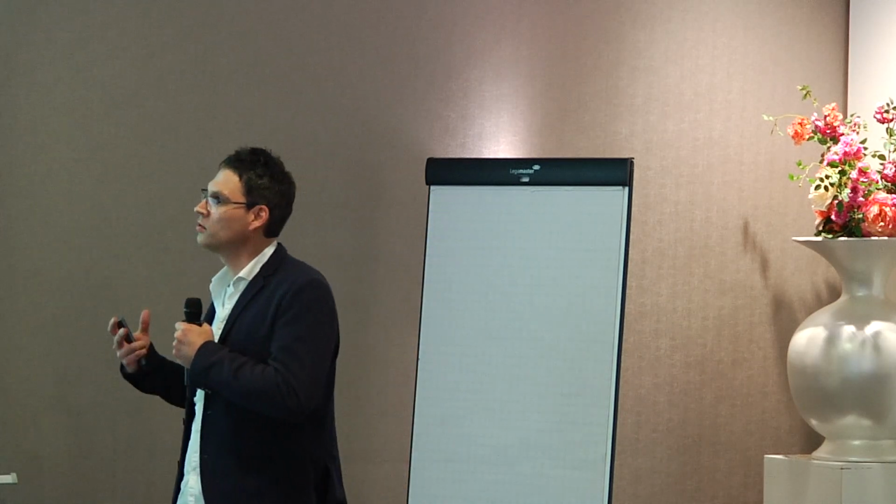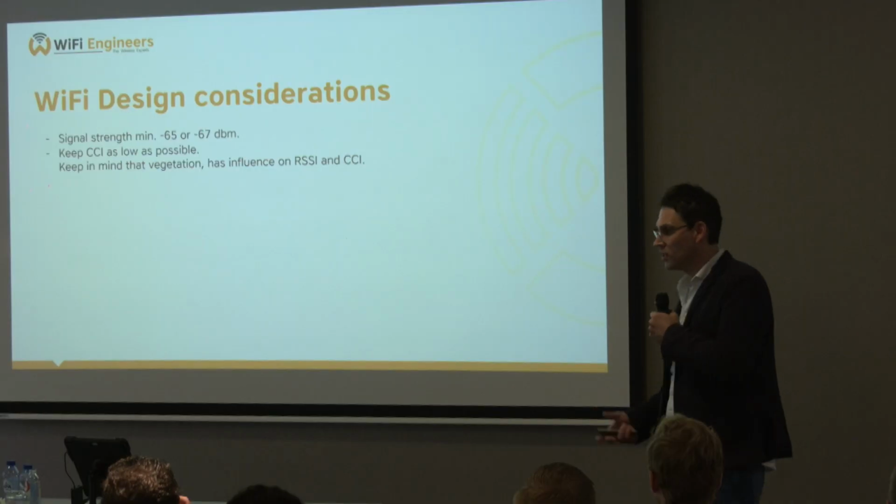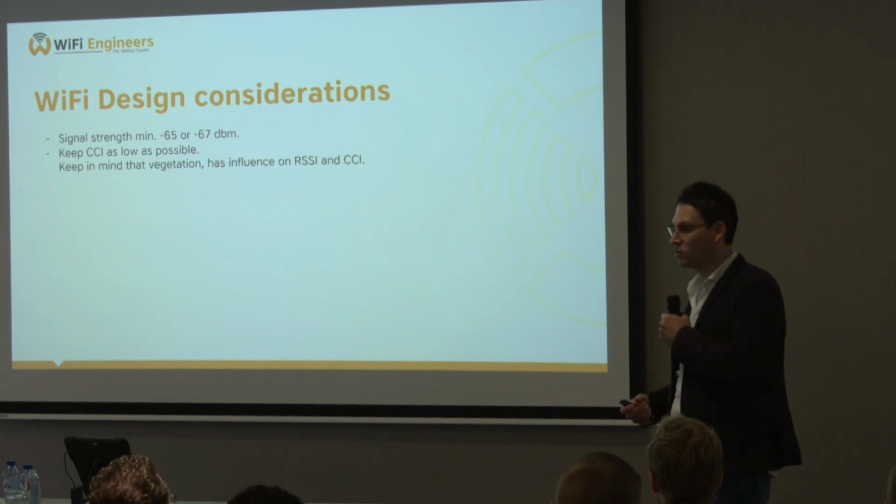Some considerations. When we do a deployment or design for a customer, we tend to aim at -65, -67 dB. It all comes down to your requirements, but this is what we quite often design for. We also try to keep CCI as low as possible.